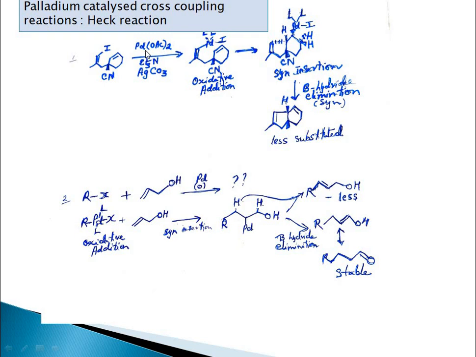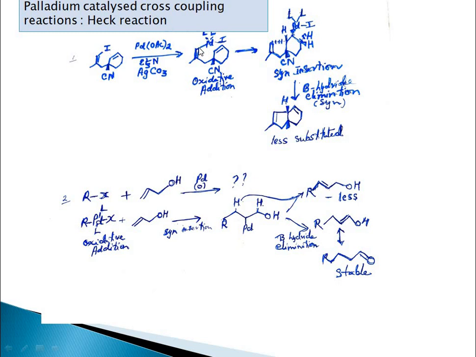What will happen in the presence of a base and palladium is that Pd, again by oxidative addition, has these two ligands. It will add across this, at one end to the carbon of the double bond, and at the other end to this iodide.